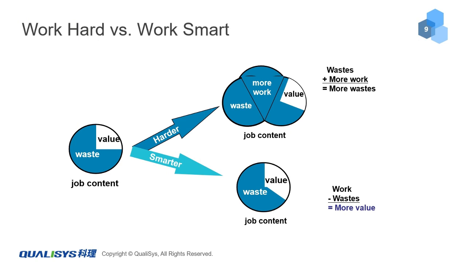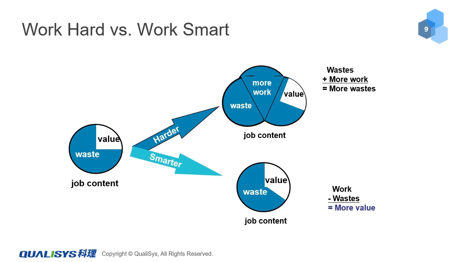So this way, if you try to focus on your value and try to do more value, you won't reduce the overall efficiency, because when you increase value, you also, in the meantime, increase all those associated waste. And the smarter way will be, we don't focus on value, we focus on the waste. Let's try our best to reduce the proportion of waste.